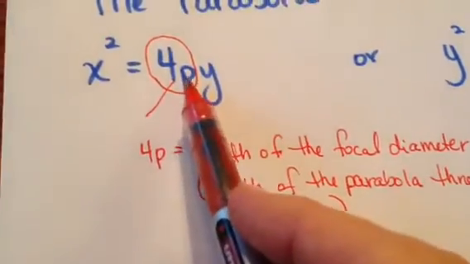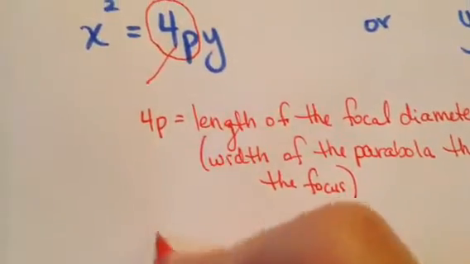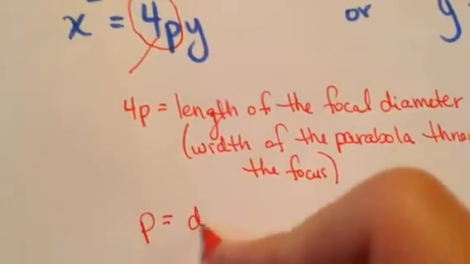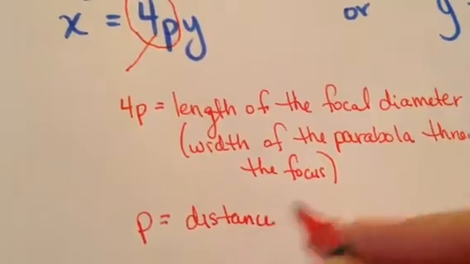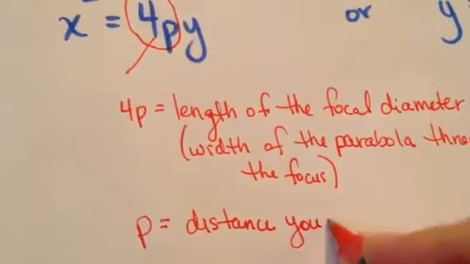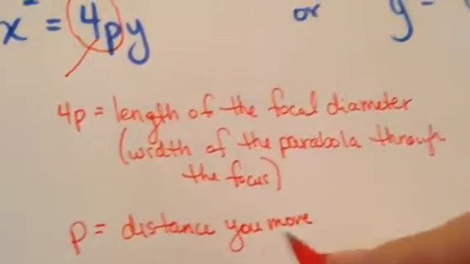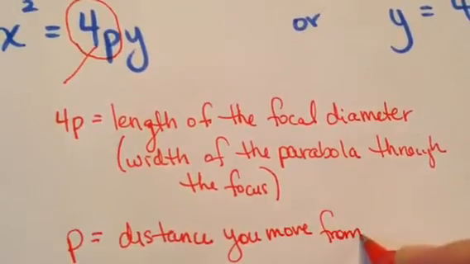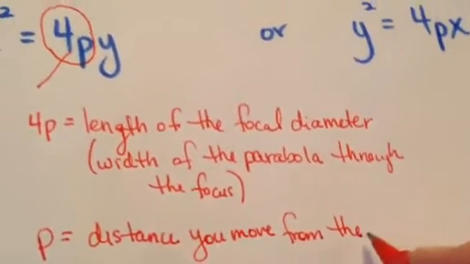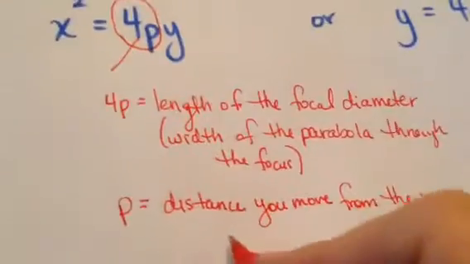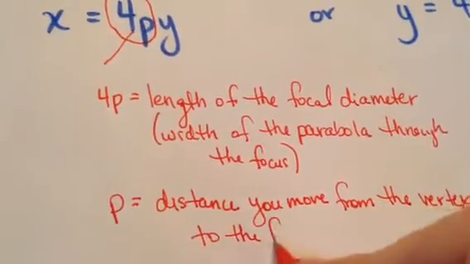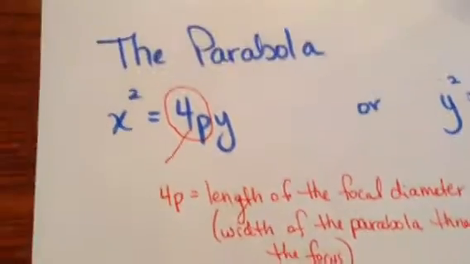Now p, this little value p, is important too. P is the distance you move from the vertex to the focus. So that helps you find it. Vertex, make sure I'm writing this down, to the focus. So we can see so much.